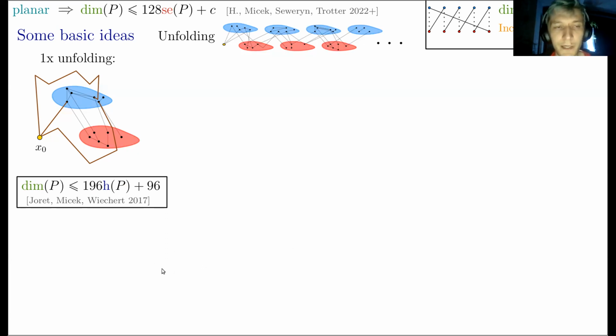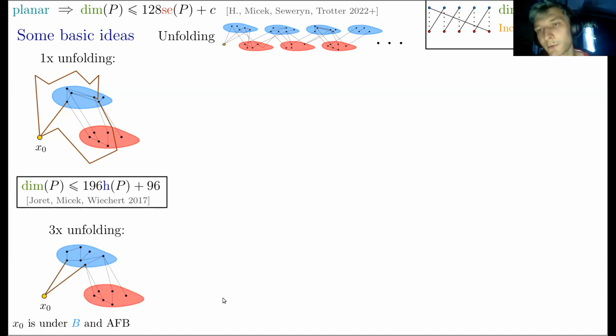If we work a little bit harder and take 3 unfoldings instead of 1, then we can partition our poset into parallel problems, and each of these problems has the property that x naught is actually under each minimal element of this blue part.